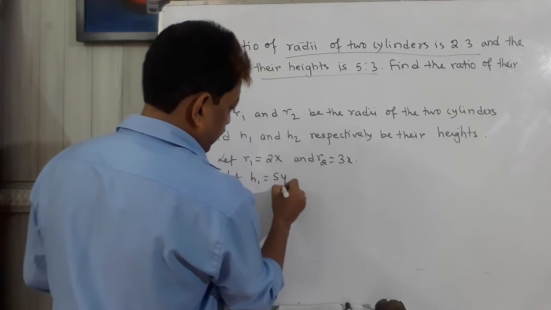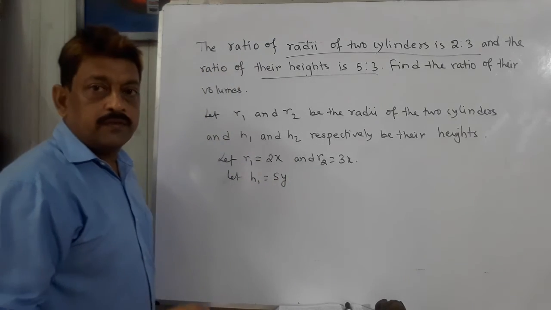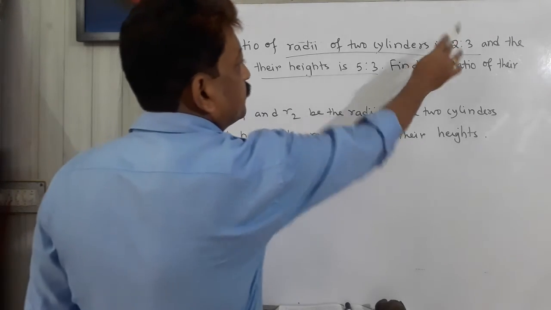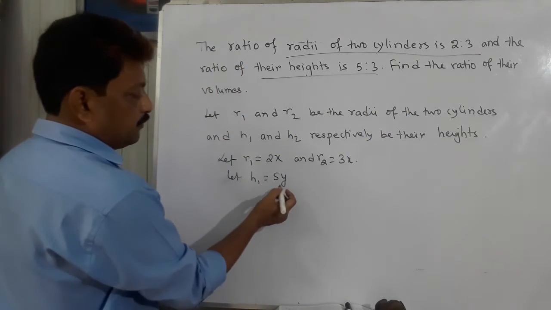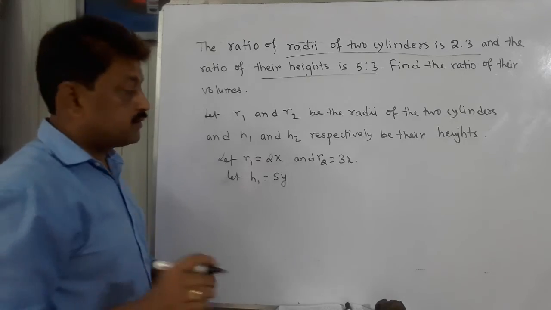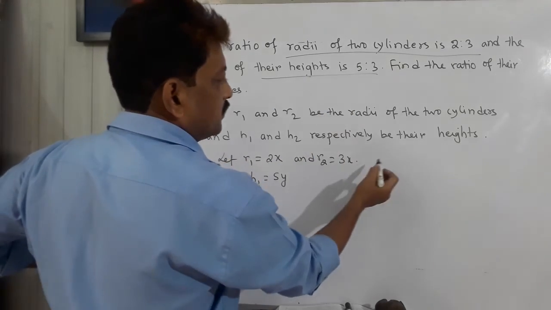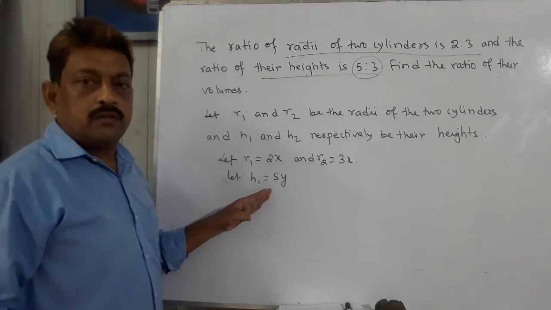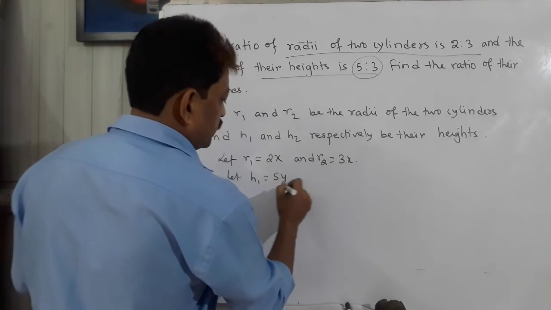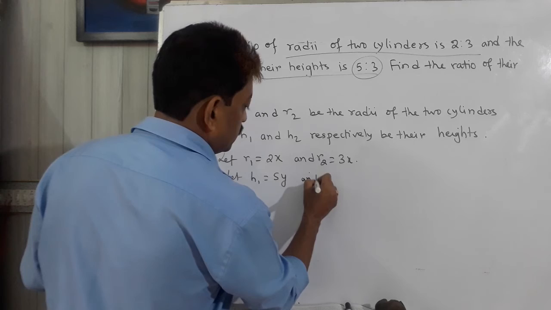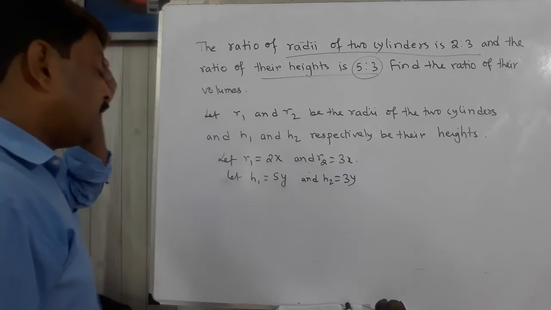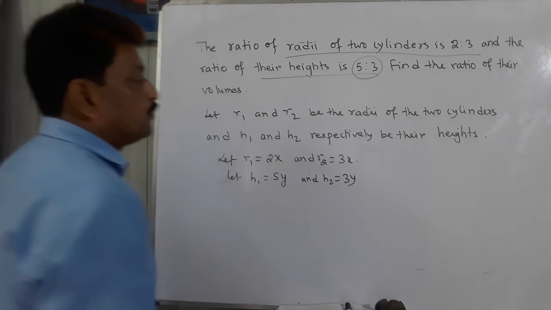This time I cannot take 5x, because x is the constant of the first ratio. So I am taking y as the constant of the second ratio. Both terms 5 and 3 will be multiplied with the constant y. So H1 is 5y and H2 is 3y.